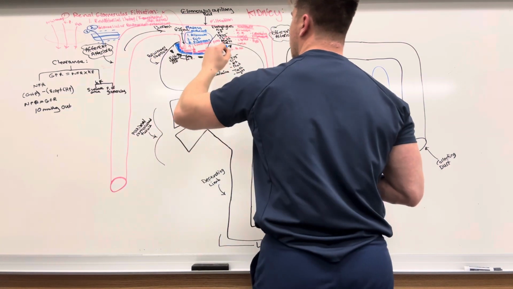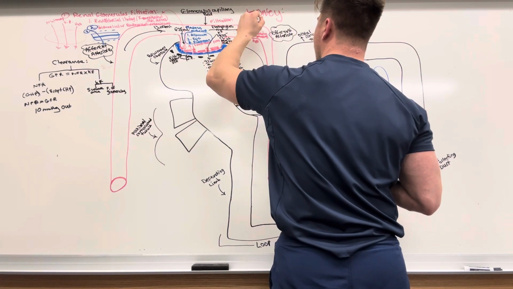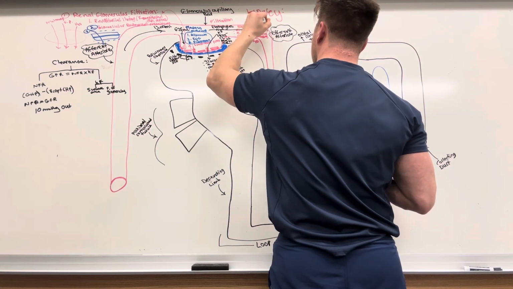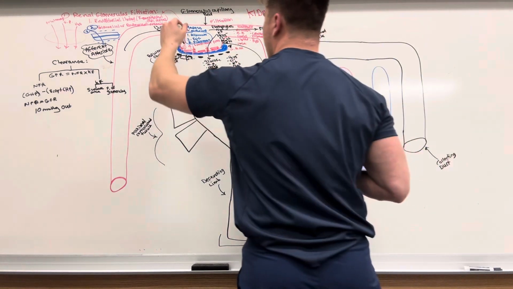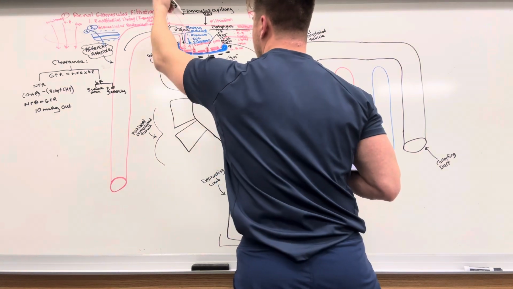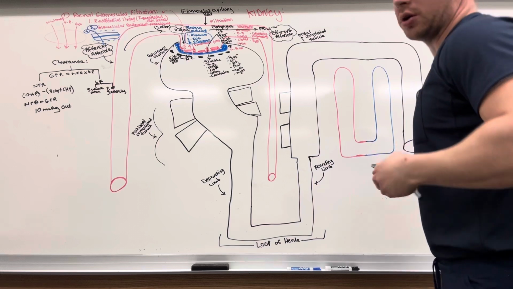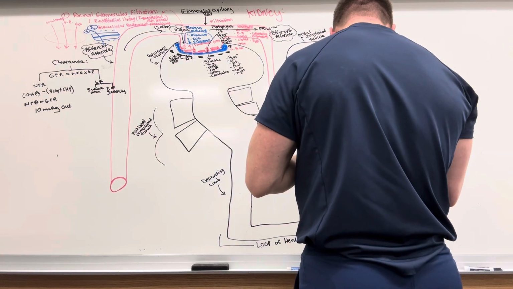And coming out this way, we have about 575 milliliters. So we have 625 milliliters coming in being filtered. Not everything gets filtered, but a large amount does get filtered within the kidney.